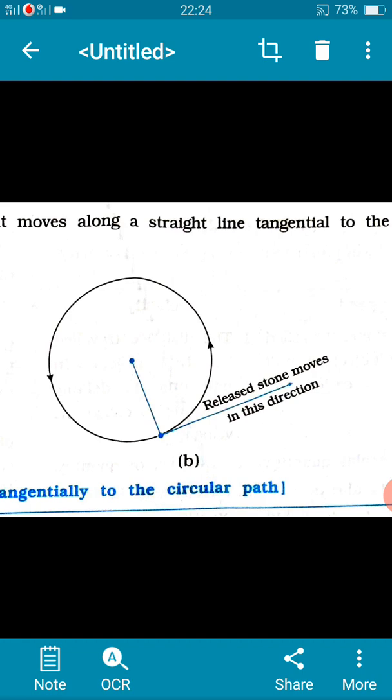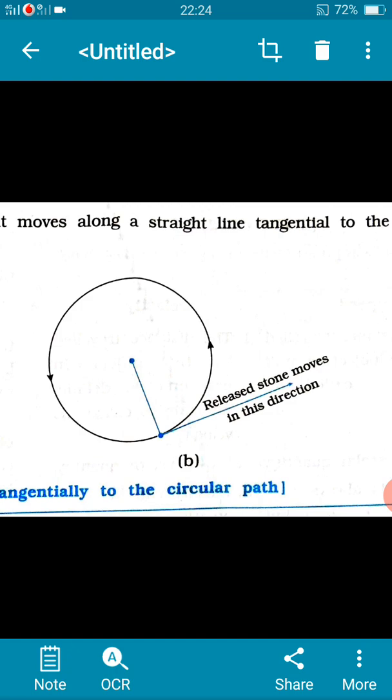In the next class, we are going to study equations of motion. So we will derive the equations of motion. Here is one assignment I can give you. From the table in your textbook, page number 104, table 8.2, you can draw a graph.